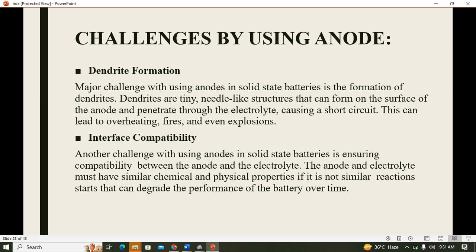Another challenge with using anodes in solid-state batteries is ensuring compatibility between the anode and the electrolyte. The anode and the electrolyte must have similar chemical and physical properties. If we do not use similar physical and chemical properties of the anode and the electrolyte, there is interfacial resistance, which is the biggest hindrance.